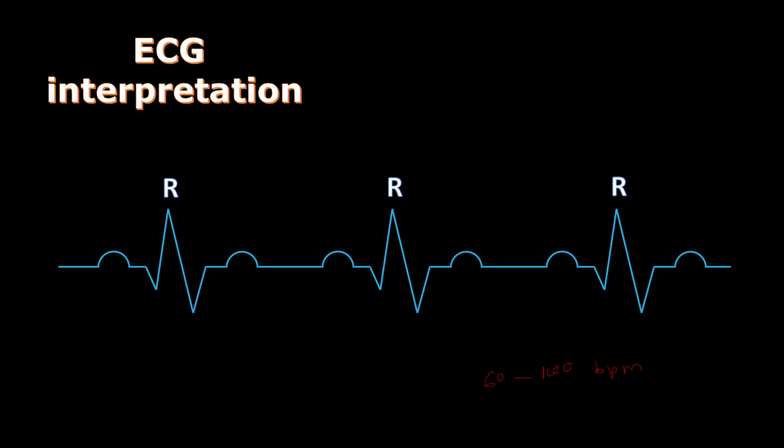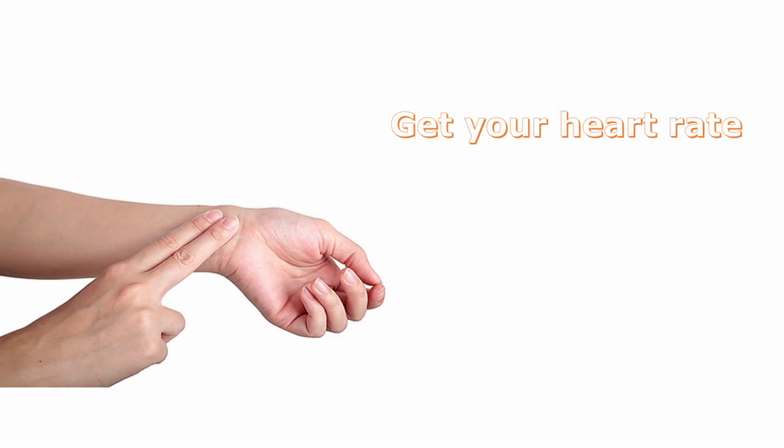So, how do you know how fast your heart is beating? Well, now it's time to get your heart rate. Okay, please do this. You will need a watch with a second hand.